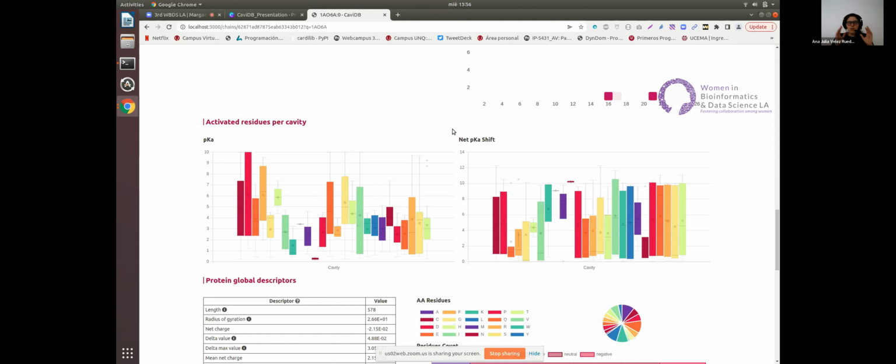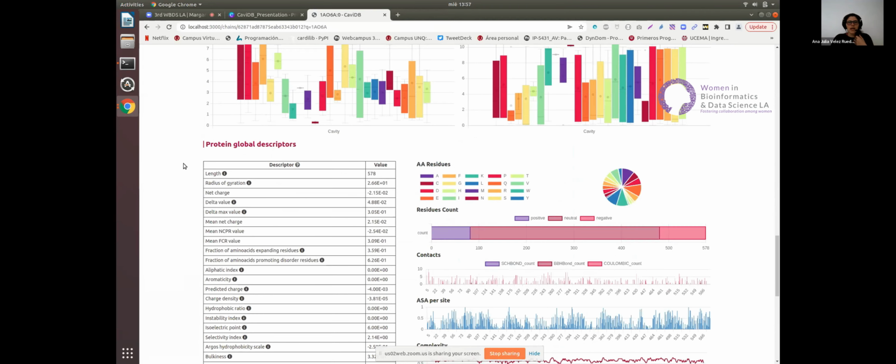So we also detected, for all the cavities, the shifted residues in each cavity, and you can access the information here in these box plots. So you can check if there is any activated cavity in the chain that you are looking for.